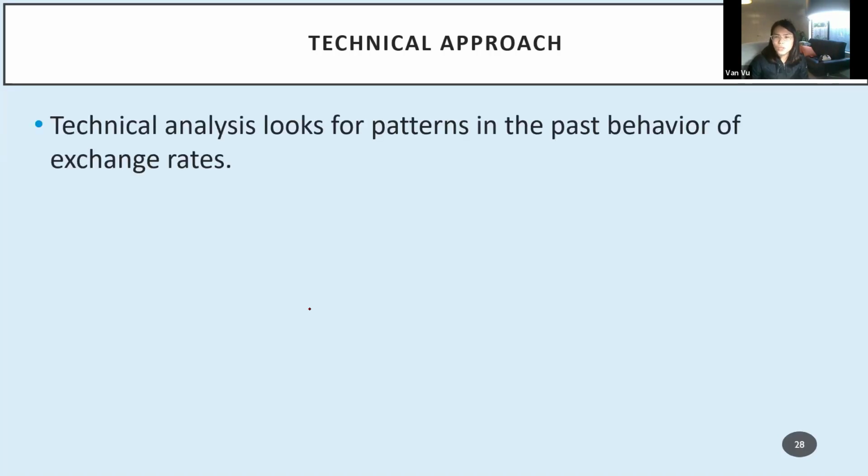All right, so the final estimation technique that we talk about is the technical approach. If you have done something like investment portfolio management, then we have talked about this in those subjects, okay? Technical analysis refers to a situation where you don't look at the long term, you don't look at fundamentals, you look at historical prices and try to look for patterns in the past.